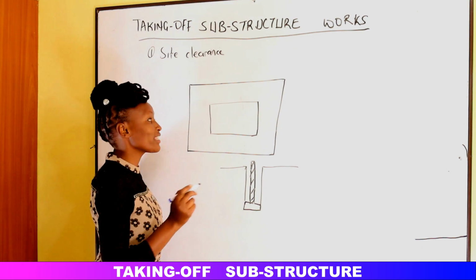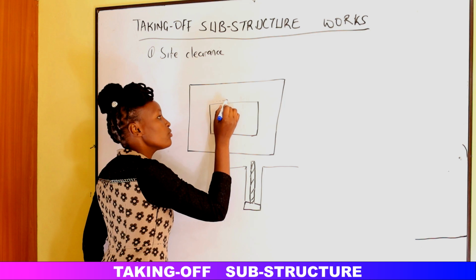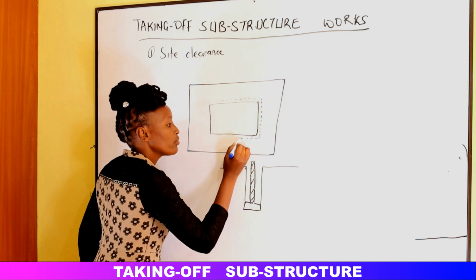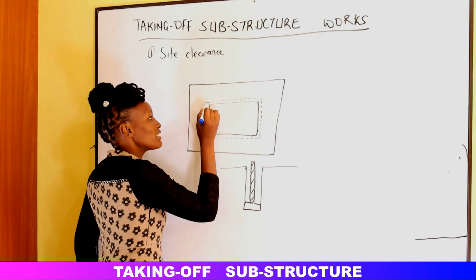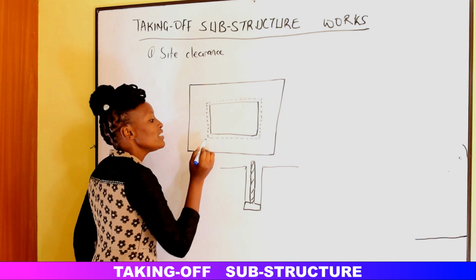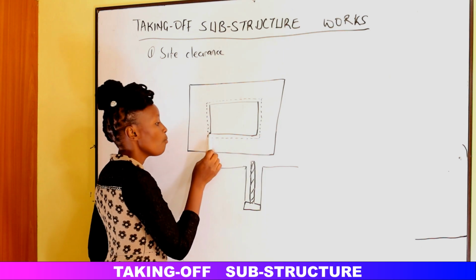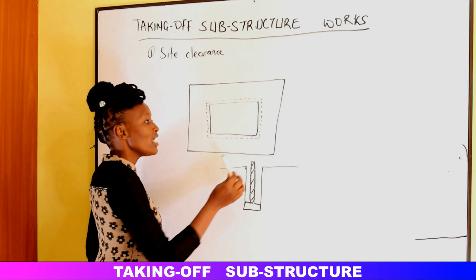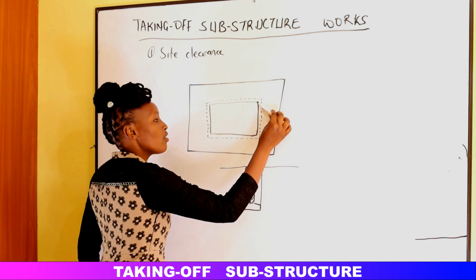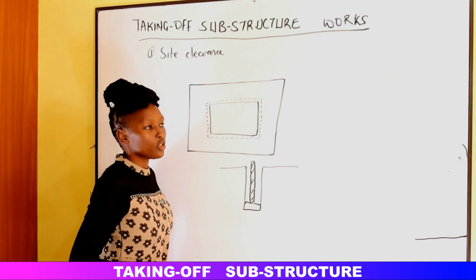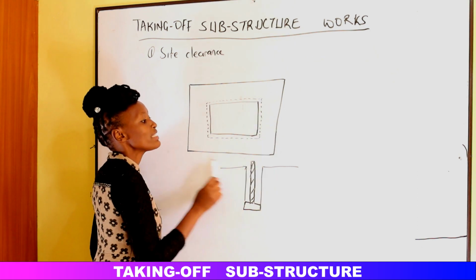So when we are clearing the site, we will not measure using the dark line, we will measure using the broken line around it. The broken line symbolizes the length of the building plus the foundation spread on both sides. It symbolizes the width of the building plus the foundation spread on both sides. So we have said this is the whole site.